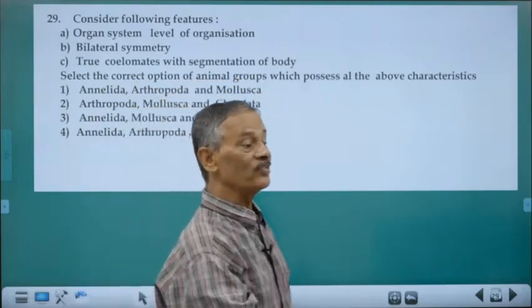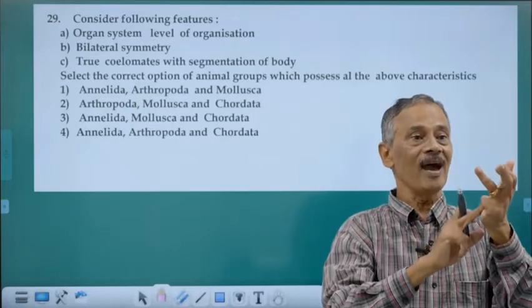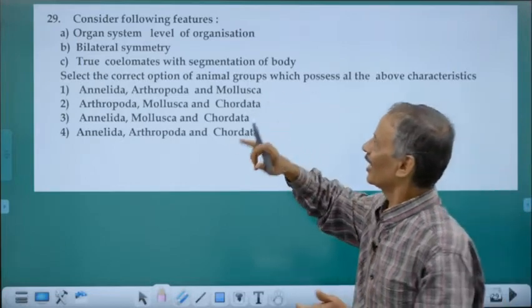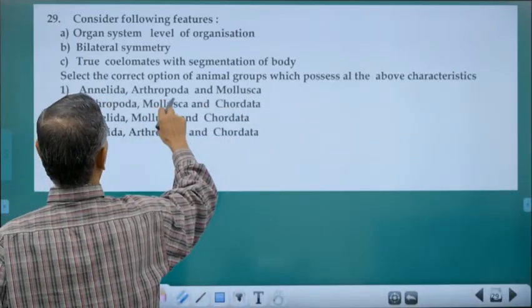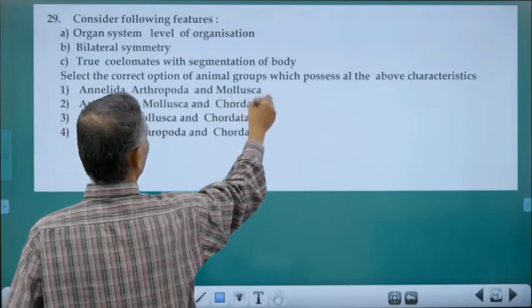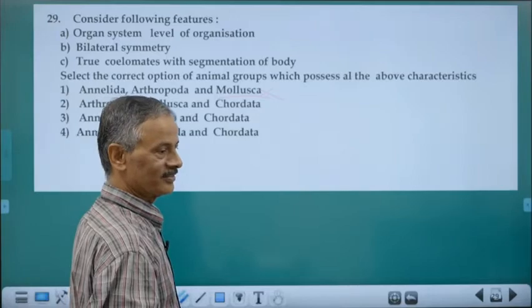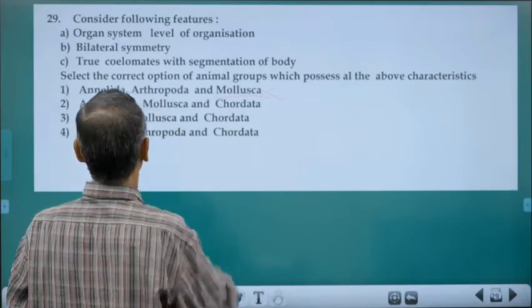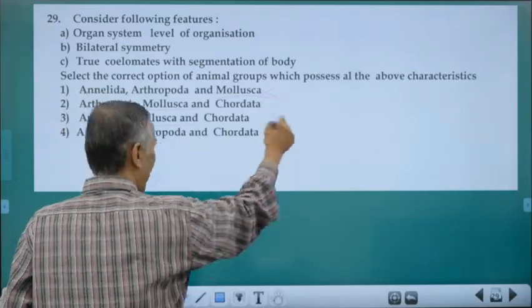So, where is the segmentation present? Segmentation is clearly seen in Annelida, Arthropoda, and Chordata. Annelida, Arthropoda, and Mollusca. In Mollusca, segmentation is absent. Arthropoda, Mollusca. Annelida, Mollusca. Annelida, Arthropoda, and Chordata.